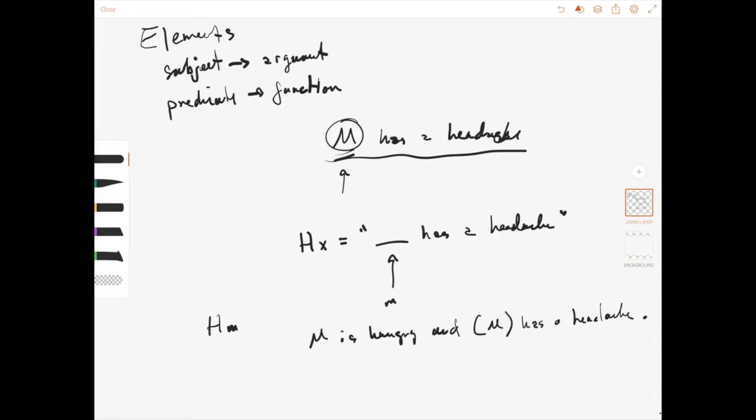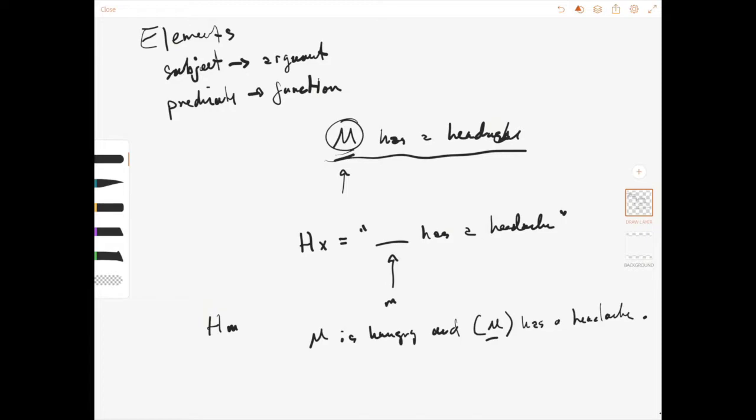So in English we often have compound predicates, compound subjects. They're often joined together with connectors that will be familiar. So for instance, you might say Matthew or Don will do the logic tutorial. That's a compound subject. In this case, Matthew's hungry and has a headache is a compound predicate.